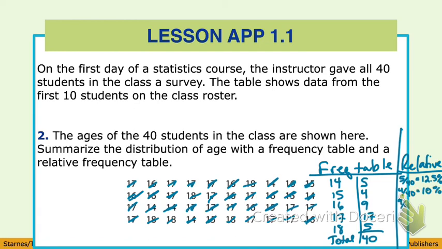And then 9 out of 40, which is 22.5%. 17 out of 40, which is 42.5%. And then 5 out of 40, which is 12.5%. And that is a total of 100%. And that's how we do our first application.